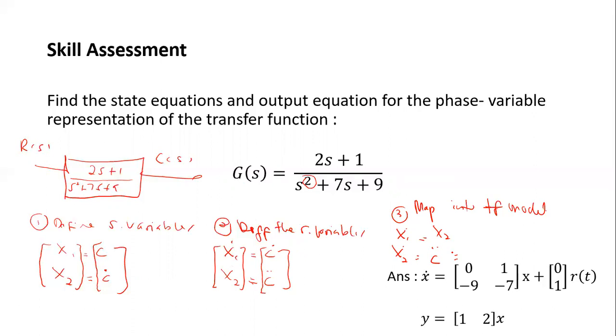We have to cross multiply it. This is actually C(s) over R(s). So we cross multiply, and this is what we get: (2s plus 1) C(s) equals (s squared plus 7s plus 9).